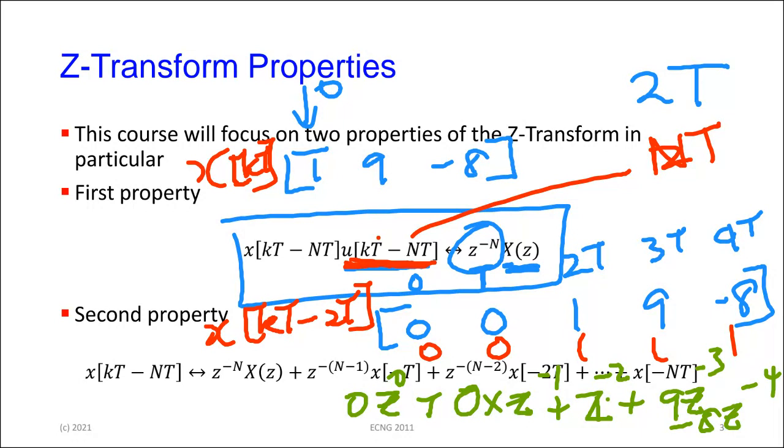And what was the transform of the original thing? It was 1 plus 9z to the minus 1 minus 8z to the minus 2.